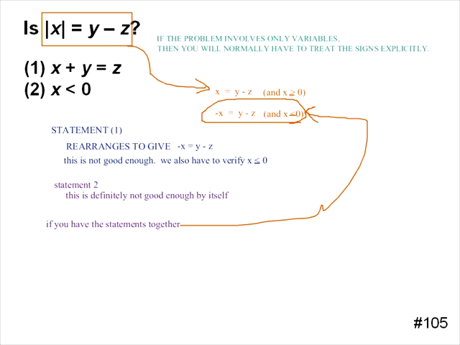So that would be sufficient to solve this problem. So notice the upshot of this, the reason I'm showing you this slide, is the following. If you get an absolute value equation with nothing but variables, you may indeed have to consider the signs of the variables.